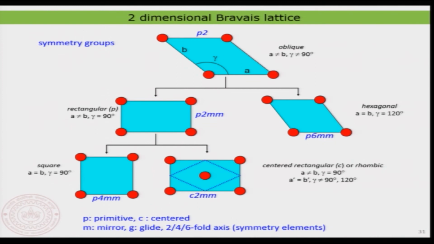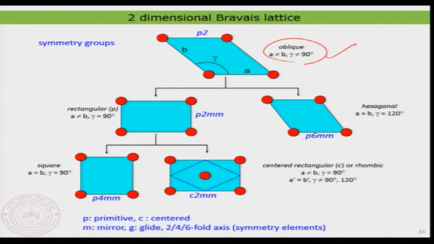point groups. These are typically represented as follows. The first one is oblique, where the unit lattice vectors A and B are not equal and gamma is also not equal to 90 degrees. That is the oblique lattice, where most lattices can be put.